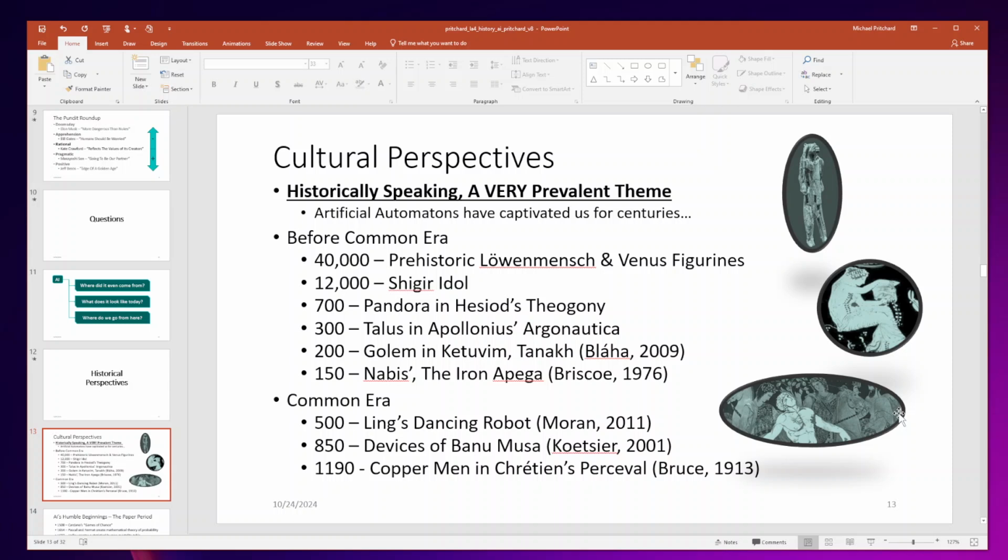12,000 years ago, you have the Shigir idol, and then in literary context, Pandora in Hesiod's Theogony was laid down 700 years before Common Era. Then you have Talos in the Argonautica, and Talos was this giant bronze mechanical being.